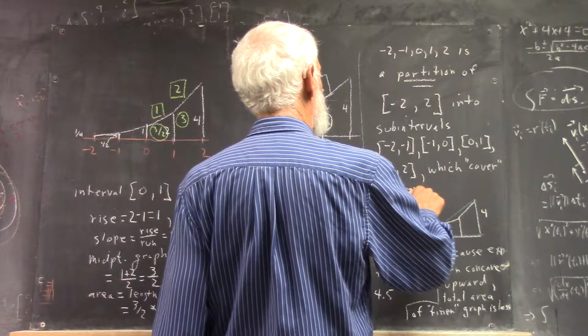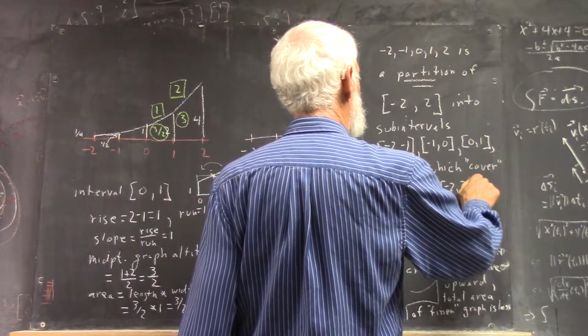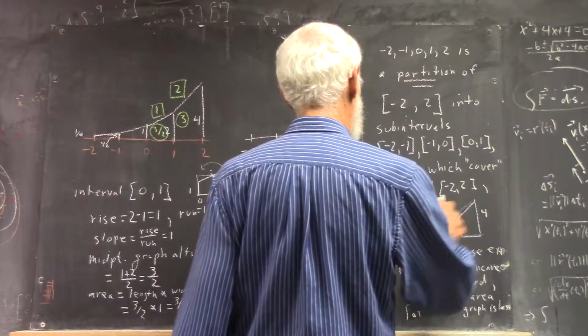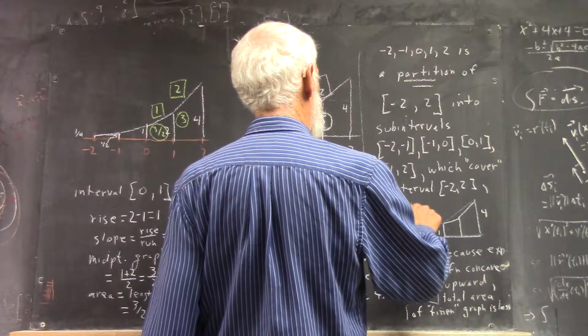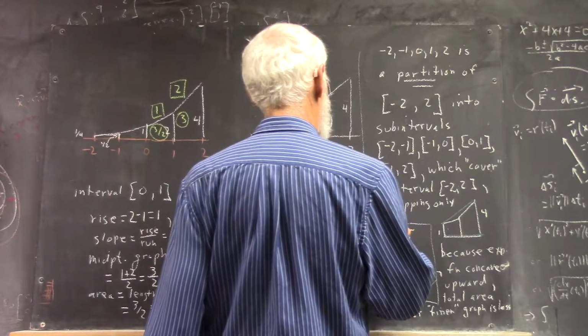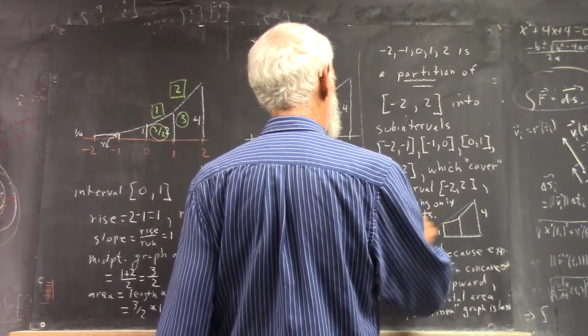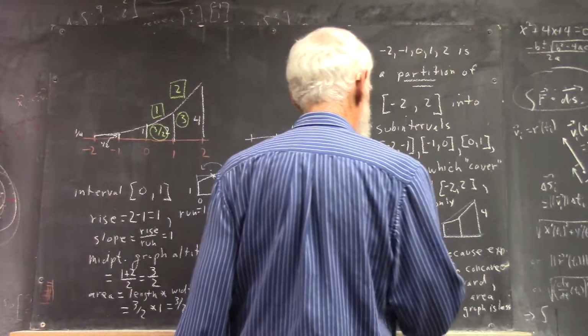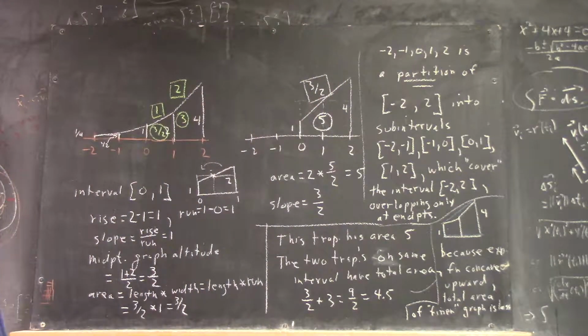And these cover the interval [-2, 2], overlapping only at the endpoints. Does that make sense?